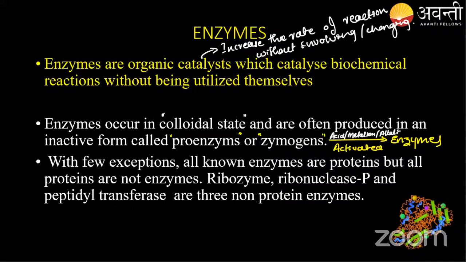Those who already completed the digestive system chapter probably know about those enzymes, right? So we will leave that, we will learn later. But remember, enzymes may be produced in an inactivated form. We call them proenzymes or zymogens. Due to an external factor, they will get activated.